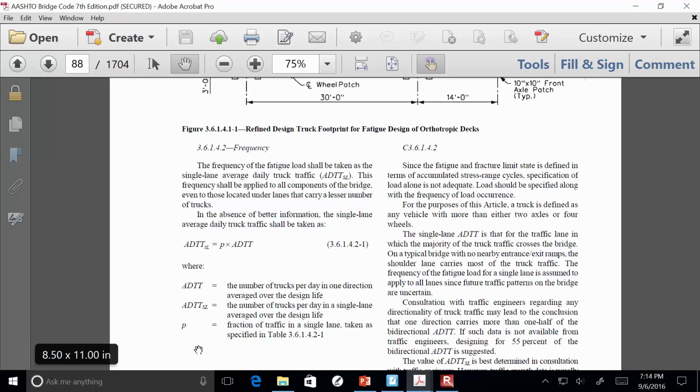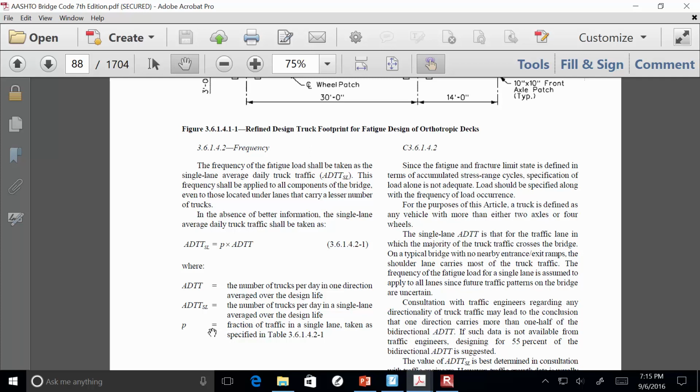Some stuff later, which is pretty nifty, is the ADT discussion, which I know my transportation folks have heard of before. But what we care about in bridge engineering is the average daily truck traffic, and not only that, but the average daily truck traffic within a single lane. And that goes into our fatigue loading that we'll discuss later.